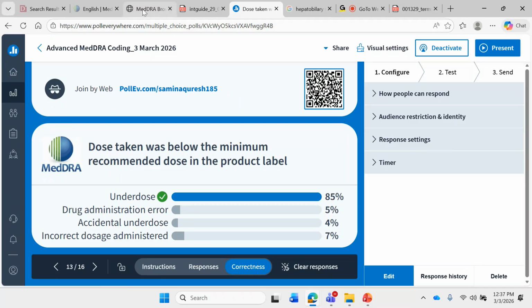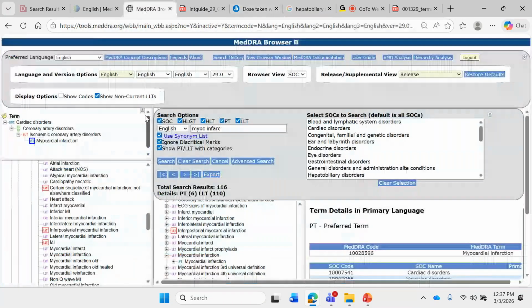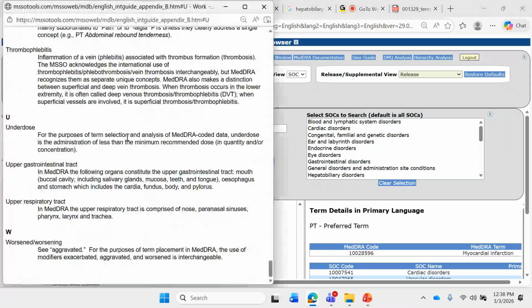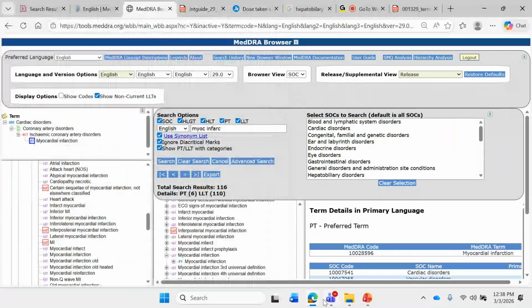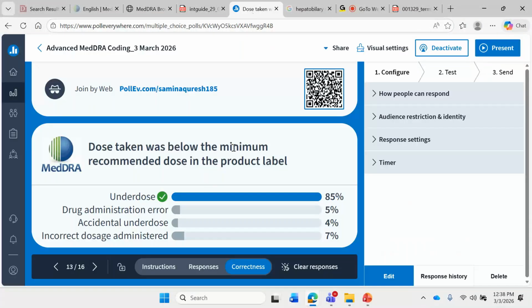So let me look up just to confirm for you all that underdose is described as such. Administration of less than the minimum recommended dose. So that is what is in our verbatim. Dose taken below the minimum recommended dose, so I can safely say underdose. If in doubt, look at the MedDRA concept description.